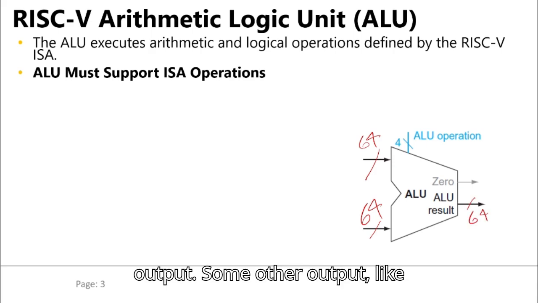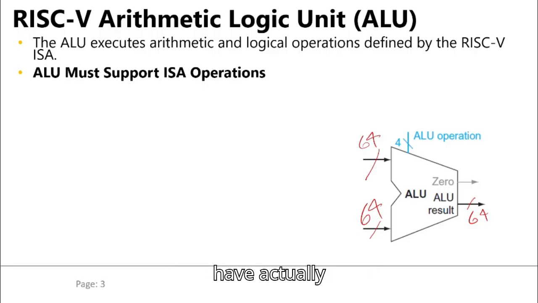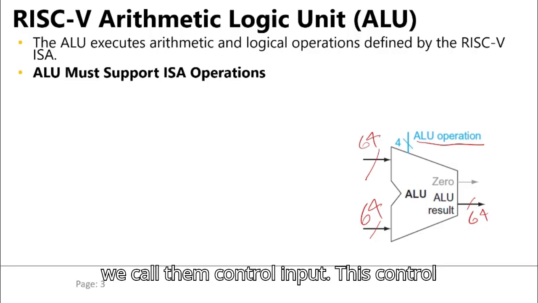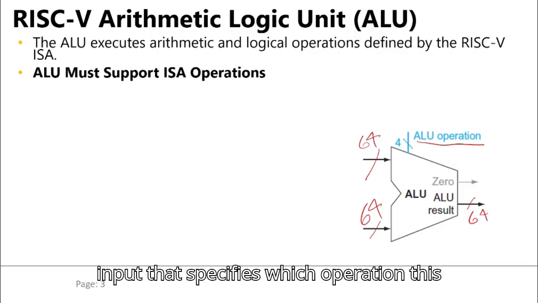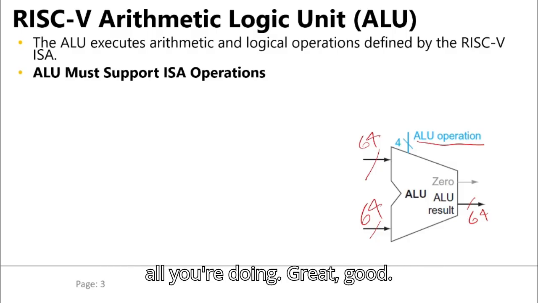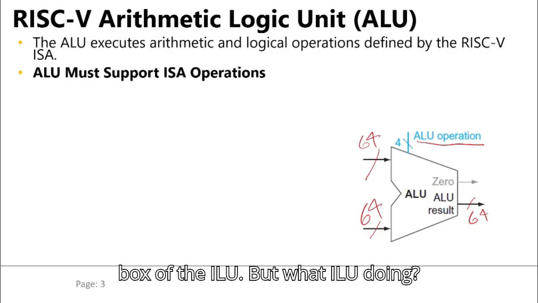Some other output, like 0, for example. We also have some other input that we call control input. This control input specifies which operation this ALU is doing. Okay, good. So that's how, like a black box of the ALU.